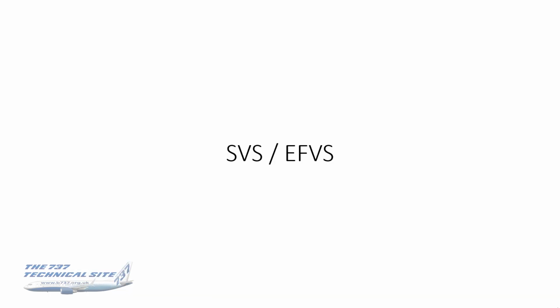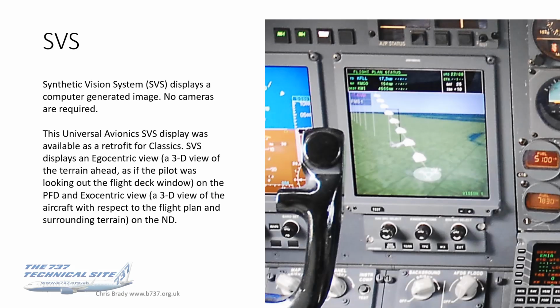It is not, however, quite the end of the story. We've got more acronyms for you. We've got SVS, which is synthetic vision, and EFVS, which is enhanced flight vision systems. So a quick word about those. Synthetic vision systems display a computer-generated image, so there are no cameras with this.